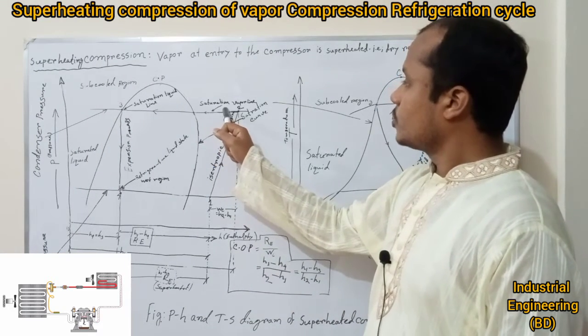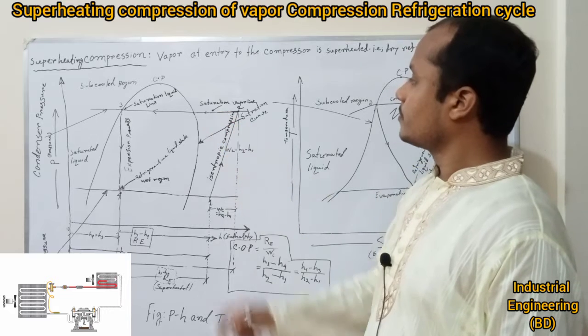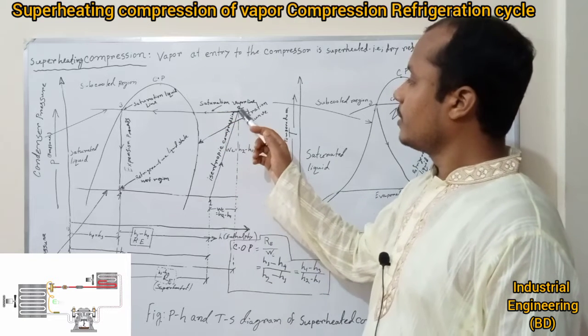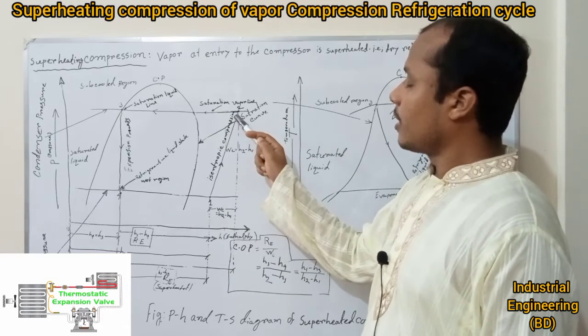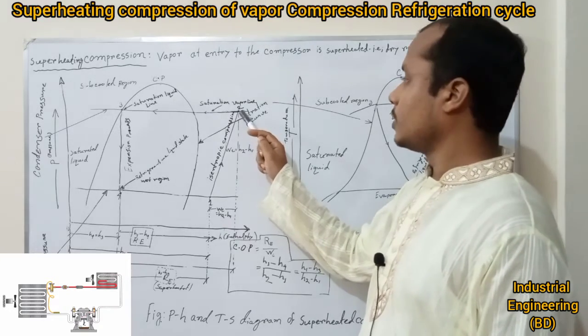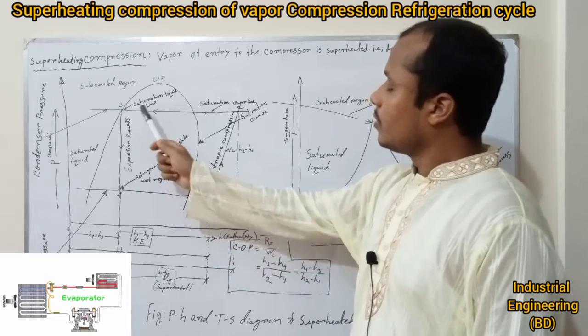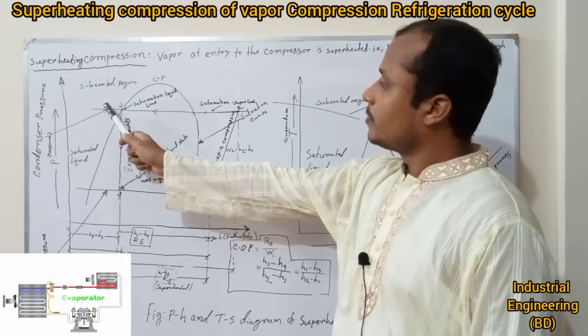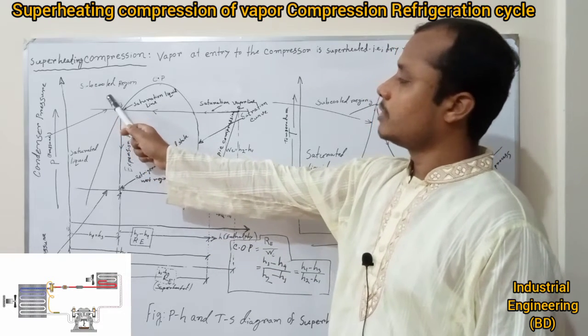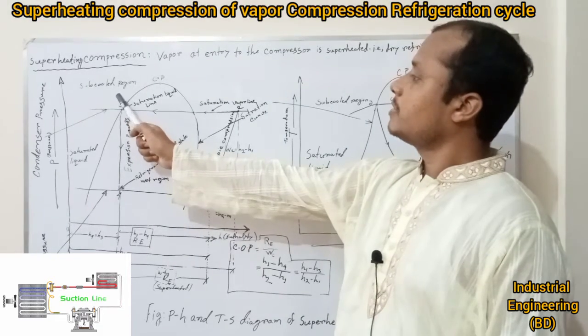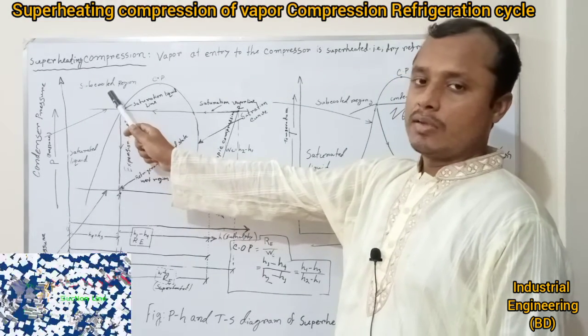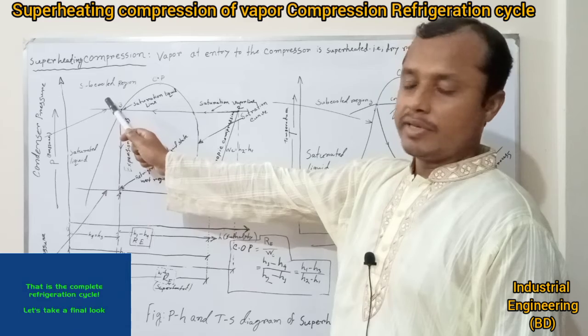Top right of this saturation curve is the superheated region, where the highly pressurized vapor is superheated. Top left of this curve is the subcooled region. That means the highly pressurized refrigerant is in liquid state.